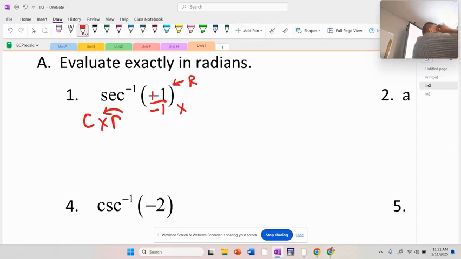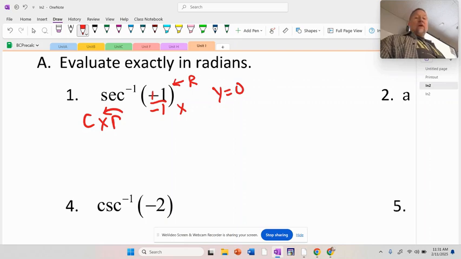Like 1 is a ratio for 45s. Oh, but that's only tangent and cotangent. So what do I do about this one? Well, really, the only thing that could happen then is y is 0 because of the Pythagorean theorem. -1 squared plus 0 squared is 1 squared. Where do you get 0 comma -1? What's the answer for that?